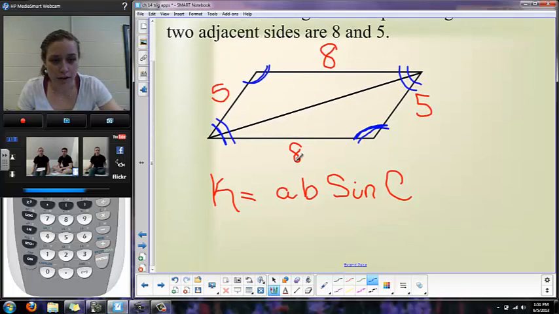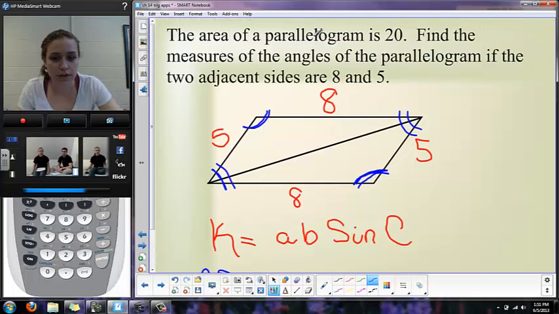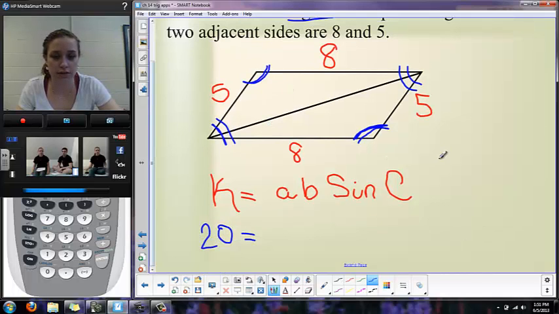Okay, so let's read the question again. The area of a parallelogram is 20, so I already know this part: 20 is equal to. Find the measures of the angles, so it wants us to find both angles, of the parallelogram if the two adjacent sides are 8 and 5. The same concept is true as with the triangles: you need to use side, angle, side.